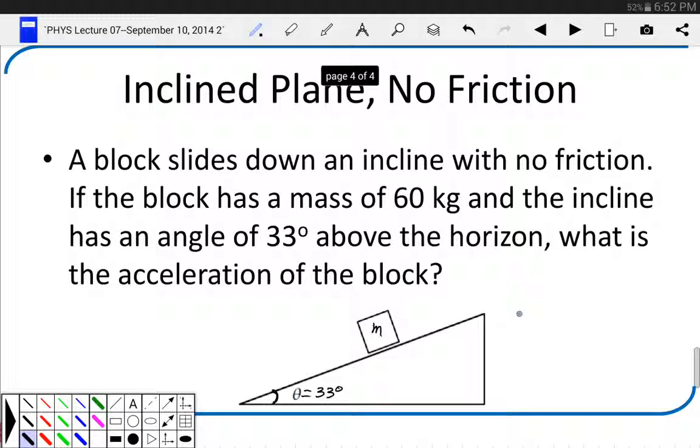Here's my mass. Now I need to put the forces that are acting on the mass. Now the first and most important thing that people forget is the directions of the forces. The force of gravity is always going downward. So there's the force of gravity. The force of gravity is equal to mg, just as it always is.